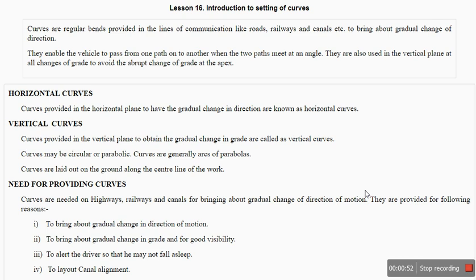If we want to change the direction of a line or a highway, you cannot just turn it like that. You cannot have a 90 degree turn, because it leads to accidents. So we provide this change in direction gradually, whether circular or parabolic, so that a driver can maneuver the change in direction easily and safely.